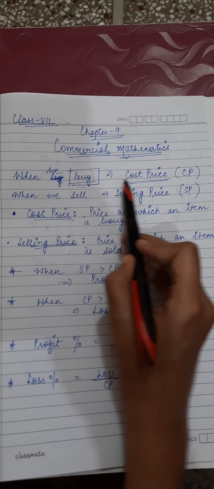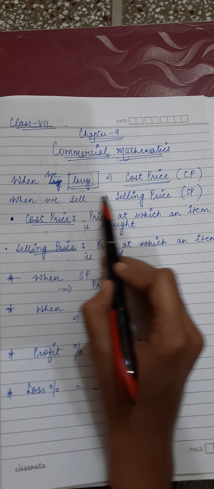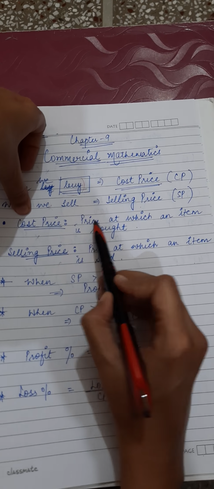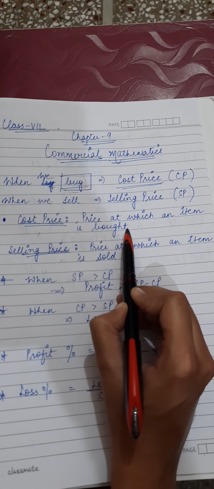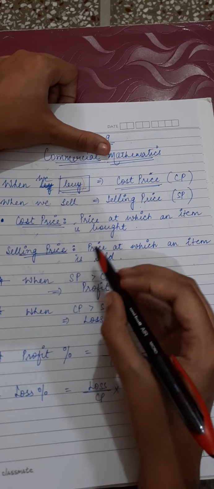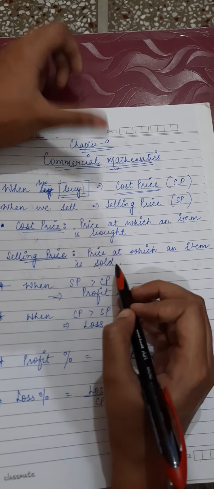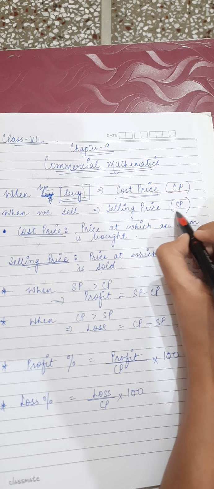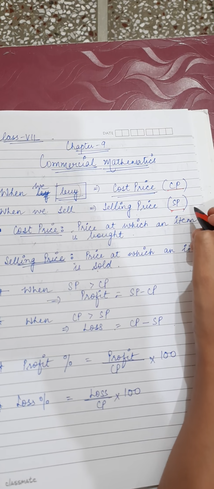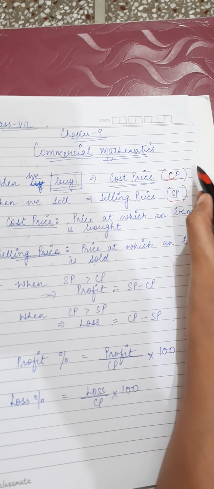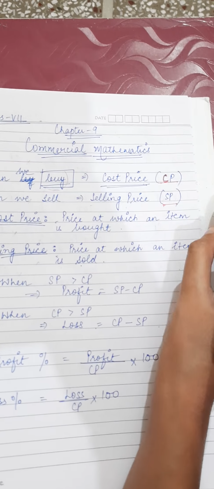Cost price means the price at which an item is bought from the market or from the shopkeeper or somewhere else. Selling price is the price at which an item is sold. I hope these two terms are clear to you. What is a CP? What is an SP? We denote cost price as CP in short and selling price as SP.